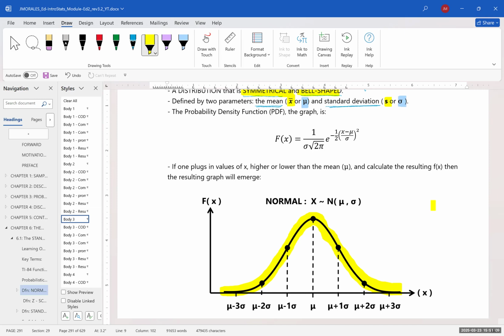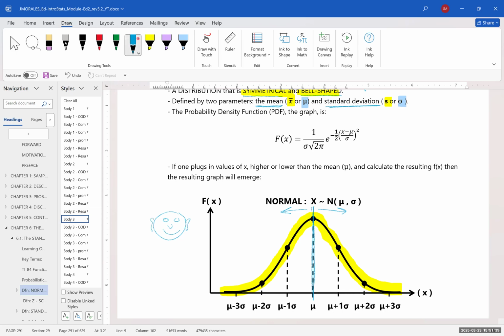Now, it's symmetrical because it has a line of symmetry right down the middle. And what that means is everything on the left-hand side is mirrored on the right-hand side. If you think of your face, you've got two eyes, a nose, a mouth, and ears, right?